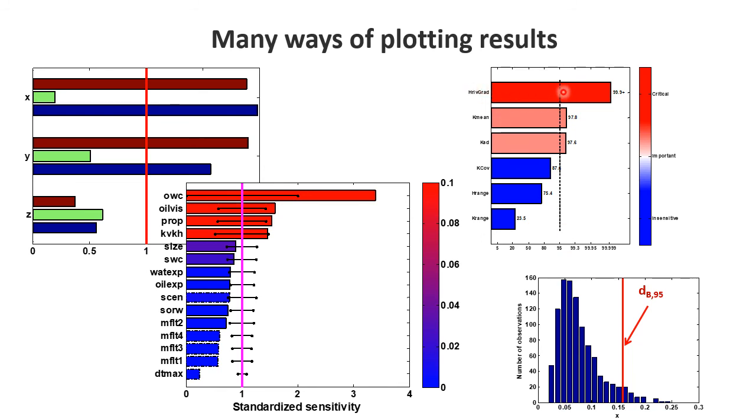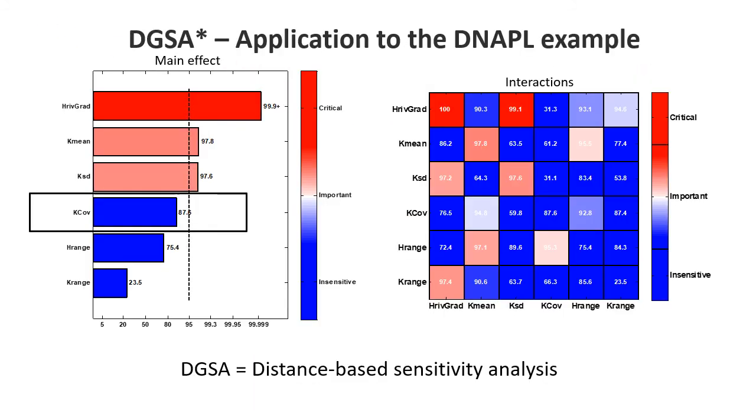So here what we're plotting is we see our 95 again. And so we notice here that this is probably some distance that was very high. So this is certainly critical or important. These are insensitive or not critical. So we can do the same thing for interactions.